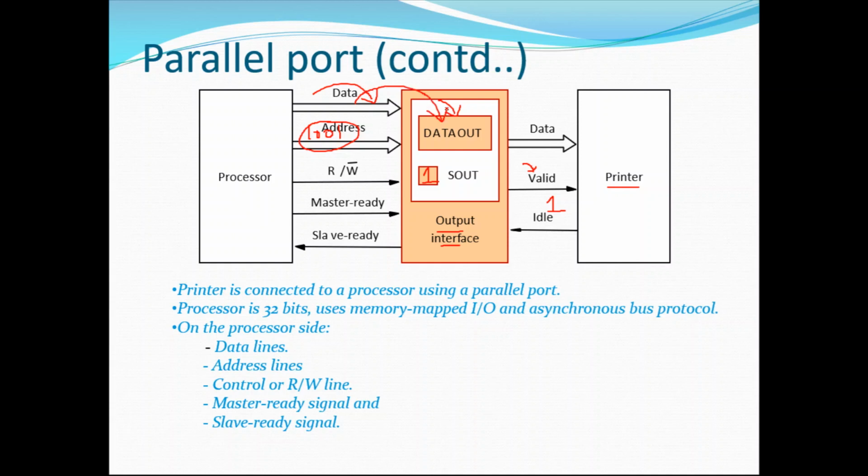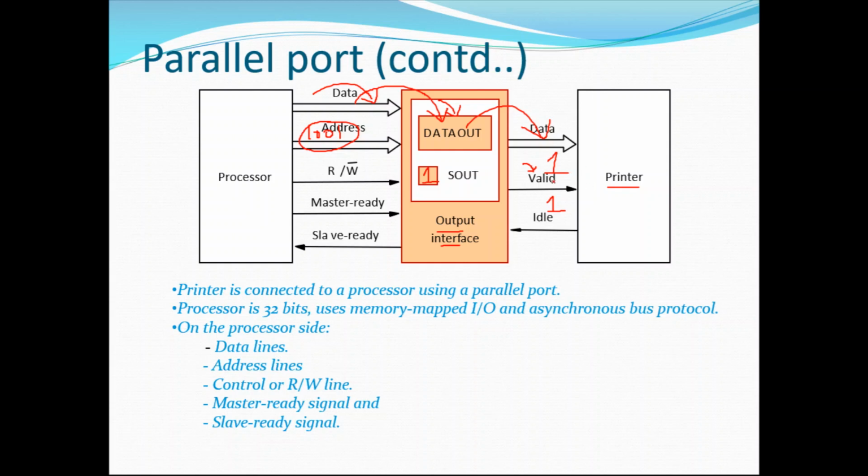Now data is available and idle is 1. So the interface circuit will keep the data on the data bus and assert the valid line. It will set the valid signal to 1.